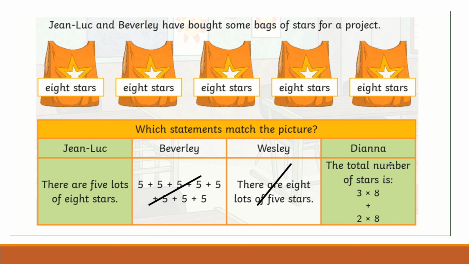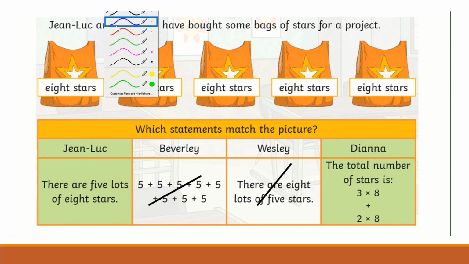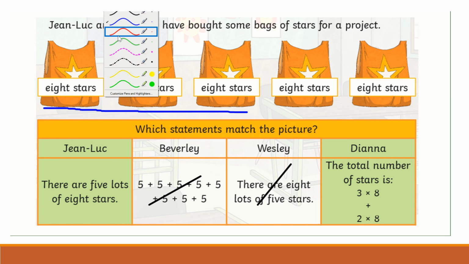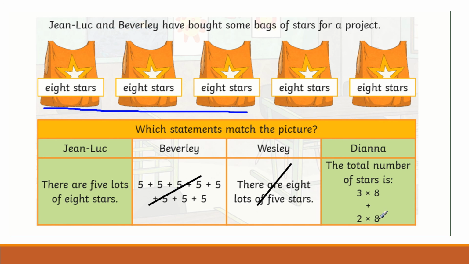And let's see. Diana says the total number of stars is 3 times 8, add 2 times 8. So let's see. Let's get a pen. So we can see there are 3 lots of 8s. 1, 2, 3. And let's use a different colour. Add 2 lots of 8s.